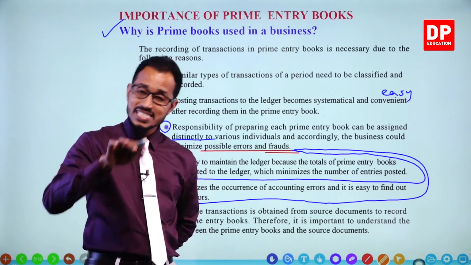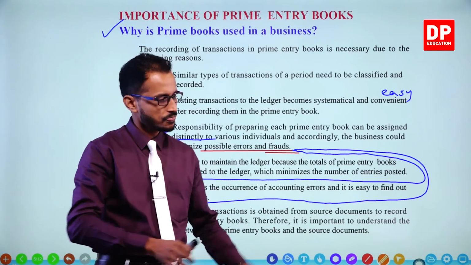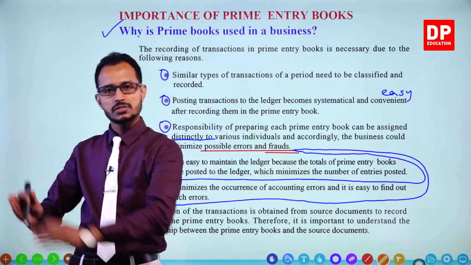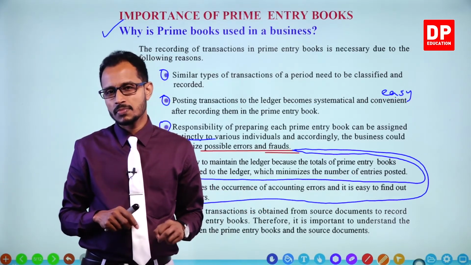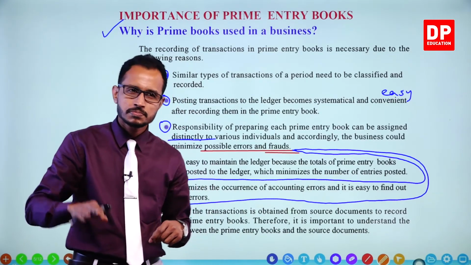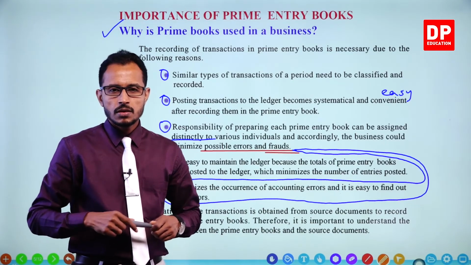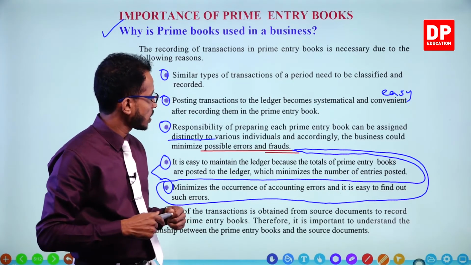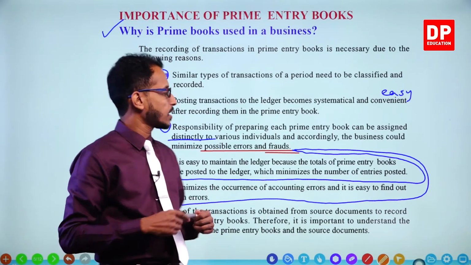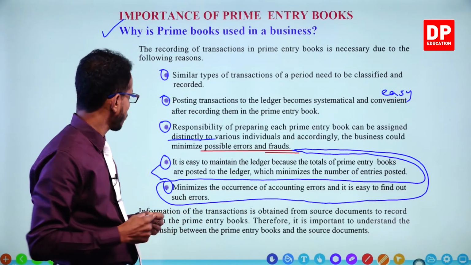Even though errors occur, it's easy to trace out errors when you have a set of prime entry books, different books for different transactions. It's very easy to trace out errors, and errors occur very rarely. Errors occur, but it's minimized. Okay, errors are minimized by the prime entry books.